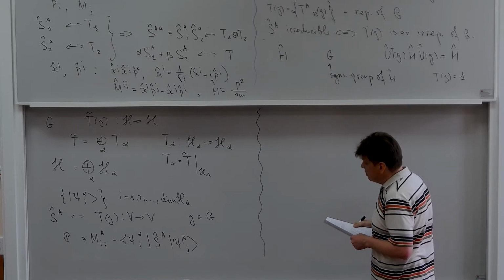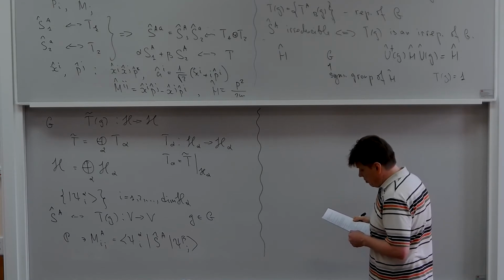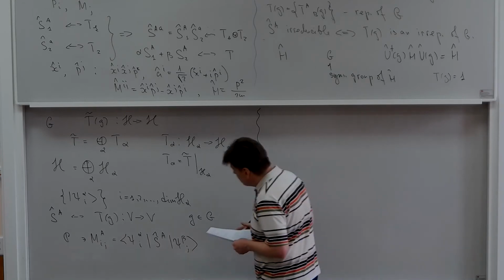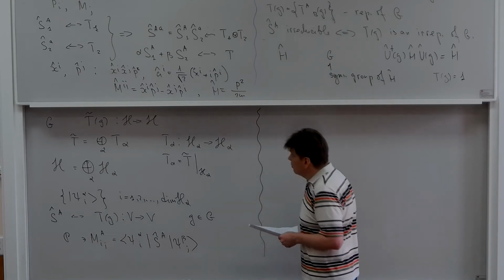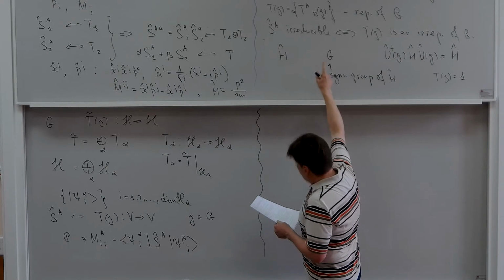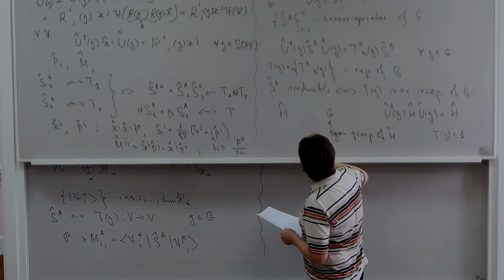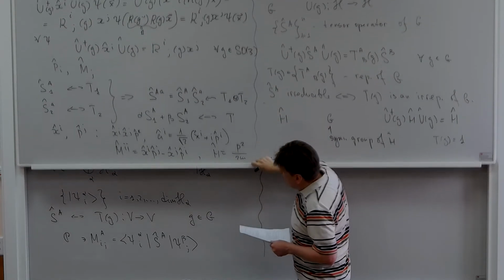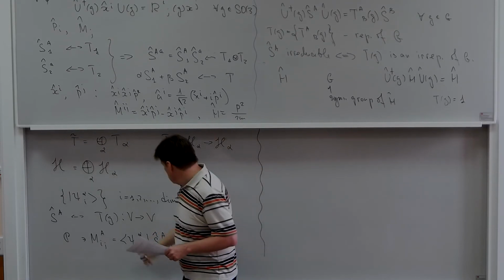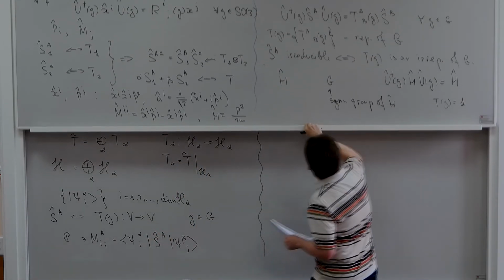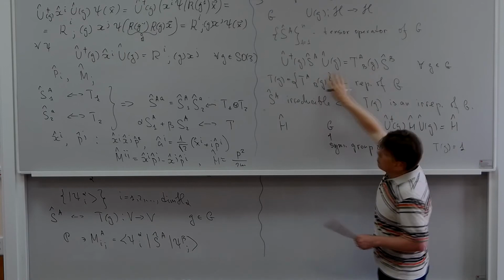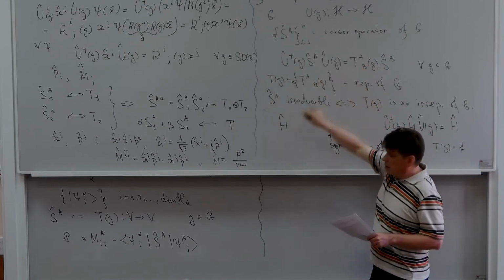To start with, let us write the formal equality which follows immediately from the definition of the tensor operator. I apply these Bra and Ket vectors psi alpha, psi beta to both sides of this equality. What do I get?